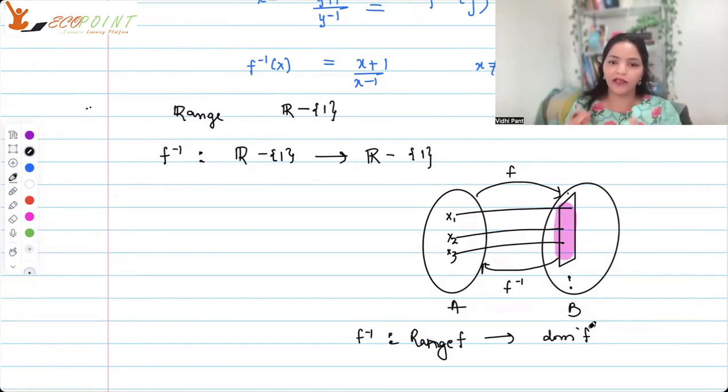So always define your inverse function from the range of f to the domain of f. Even if it's not given to you and you're assuming it's an R to R function, if you have a one-to-one function, you can easily generate an inverse function by defining the domain and range of the inverse function carefully.